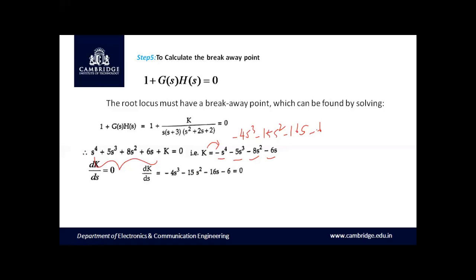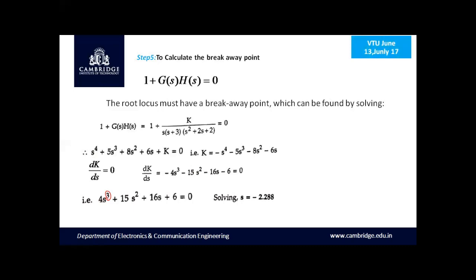Therefore, after differentiation, we have obtained minus 4s cube minus 15s square minus 16s minus 6 equal to 0. I can write this as 4s cube plus 15s square plus 16s plus 6 equal to 0. As the highest power of s is 3 here, we will be getting 3 roots.